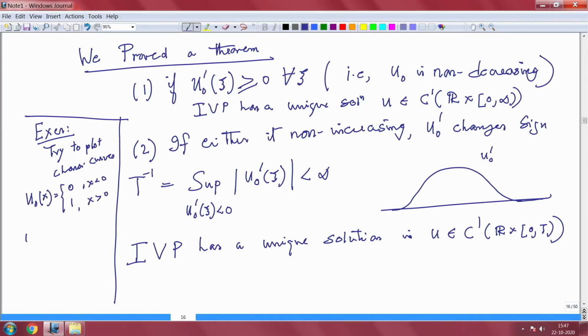You also plot the curves u naught of x equal to 1 for x less than 0 and 0 for x greater than 0. And if you have another u naught, I will put it, you will have 1 if x less than 0 and 0 if x greater than 1. Here it is smooth.